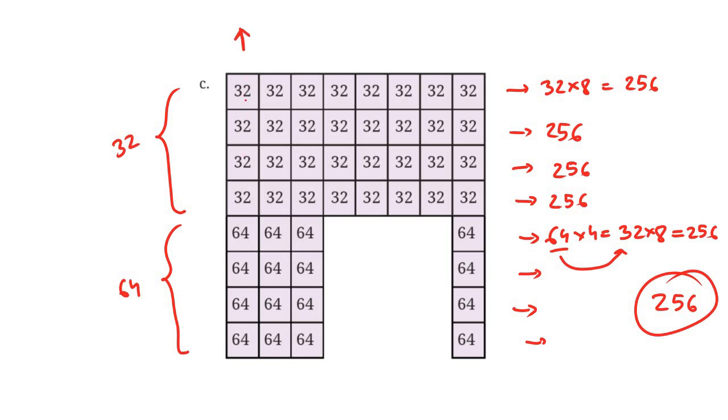Why? Because on this side you see there are how many 32? 1 2 3 4, and how many 64? 1 2 3 4. So basically it is 4 into 32 plus 8. So 4 plus 2 into, so each 64 is basically twice of 32.